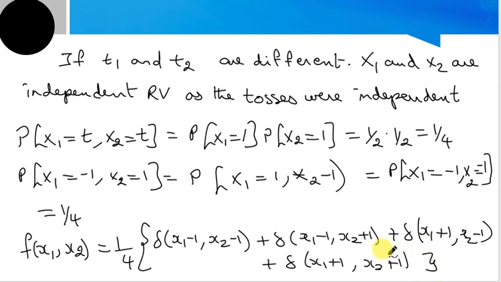So this would be my joint density function for t1, t2 in different intervals.